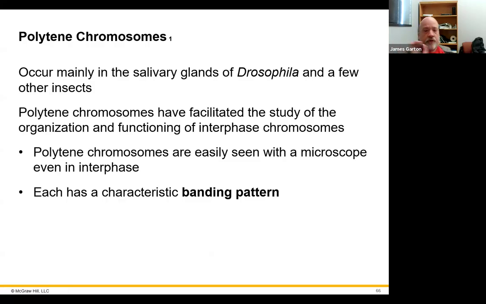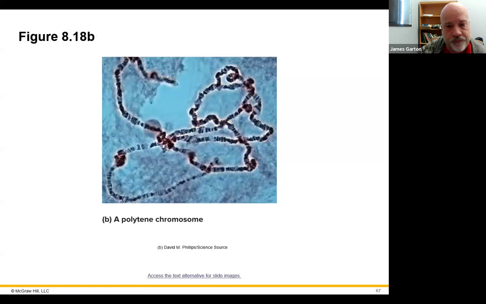And in a polytene chromosome, you have a chromosome that has certain regions on it where at certain points of development, you need lots and lots and lots of copies of the gene products in that area of the chromosome.